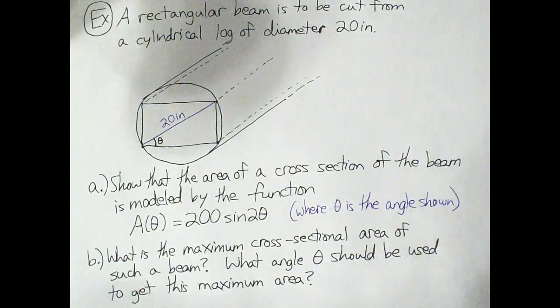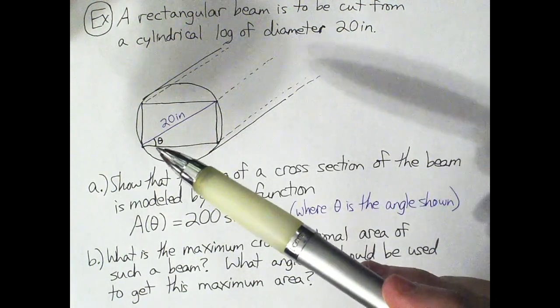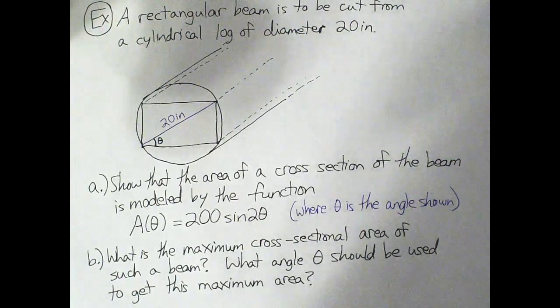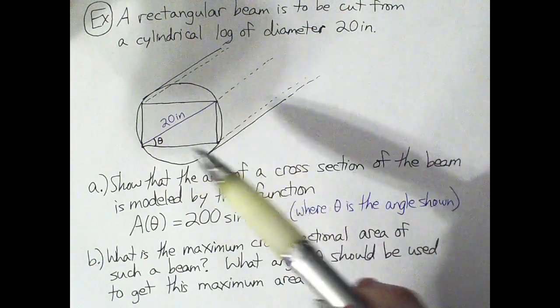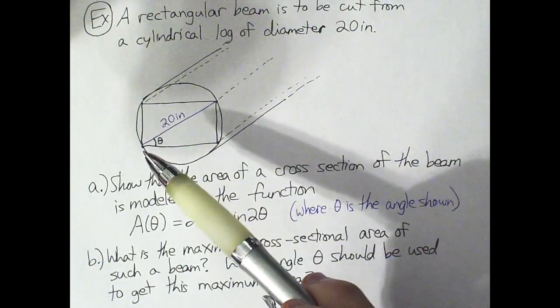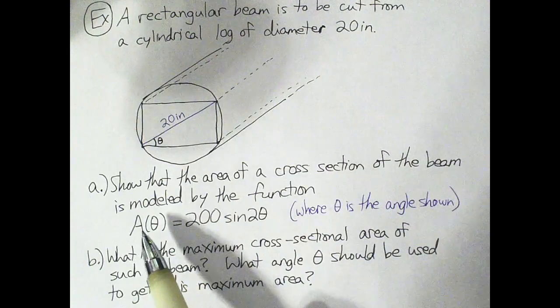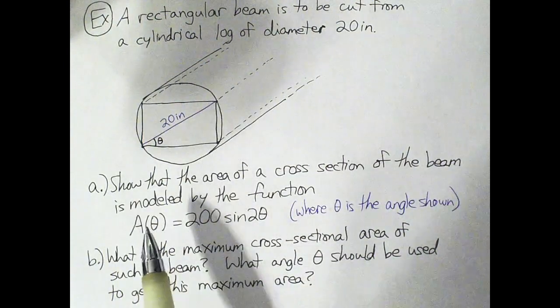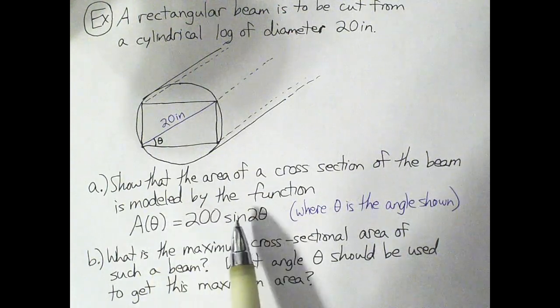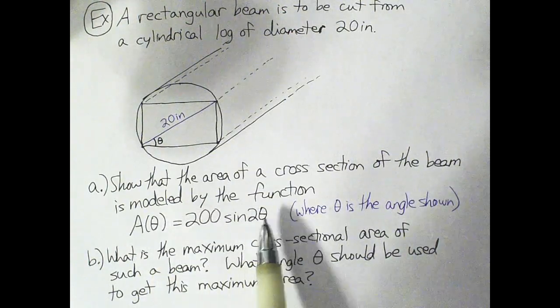If we were doing this in person, I would ask if anyone had questions, like, does everybody understand the question? Before you can answer it, you have to understand the question. We're saying that if theta is, I don't know, 20 degrees, or if theta is 30 degrees, you're going to get a different shaped rectangle, right? And that different shaped rectangle is going to have a different area. Part A is asking you to show that that area of the rectangle is 200 sine 2 theta. Interesting.